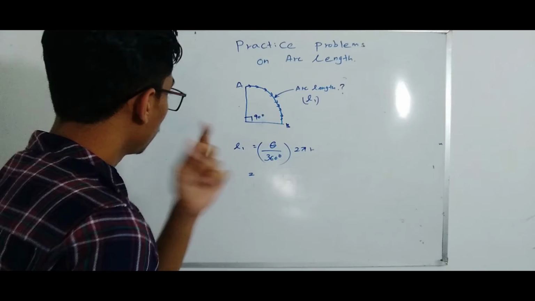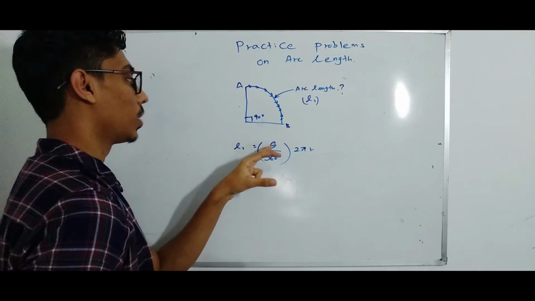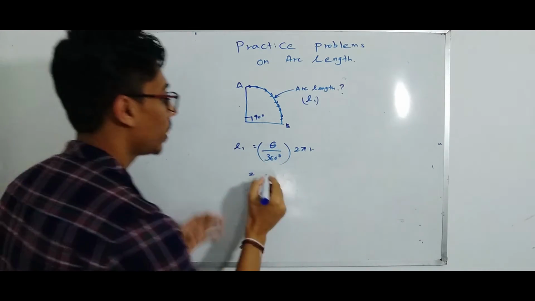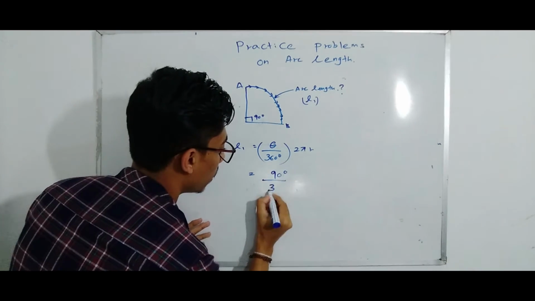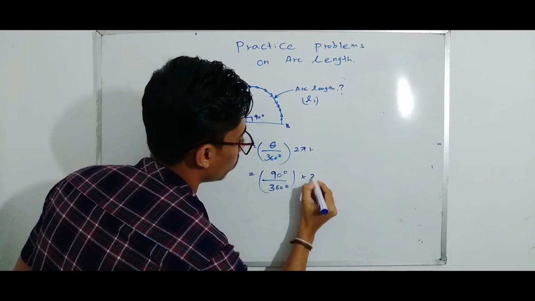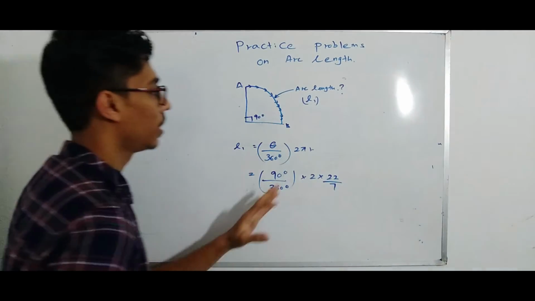So here theta is represented by 90 degrees. In general this is an unknown angle, but in this instance I know that this angle is 90 degrees. So I'm going to use 90 degrees over 360 degrees into 2. The value of pi is 22/7.